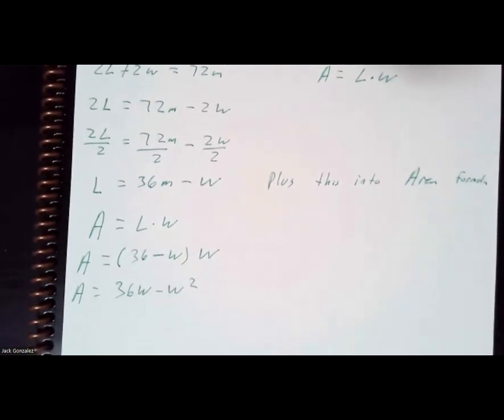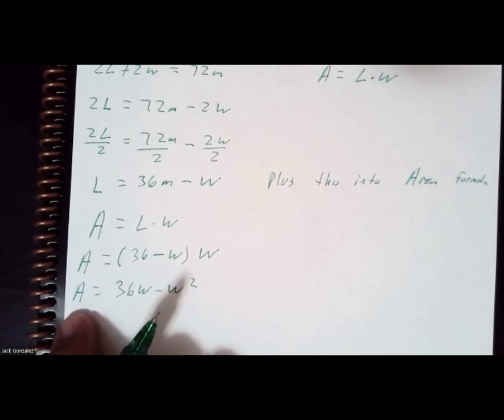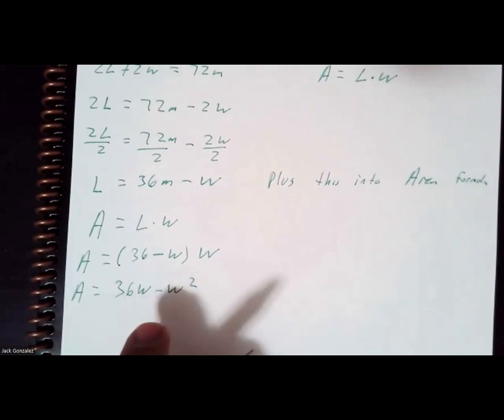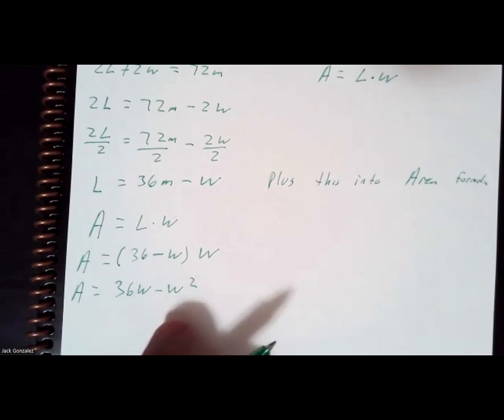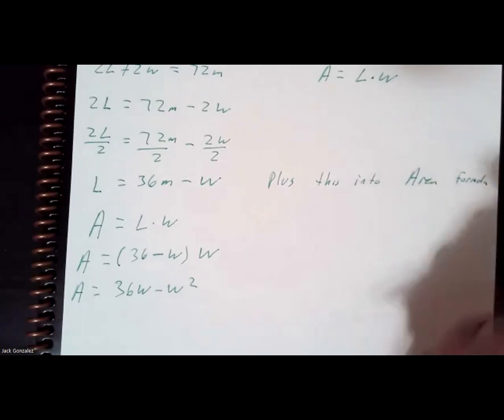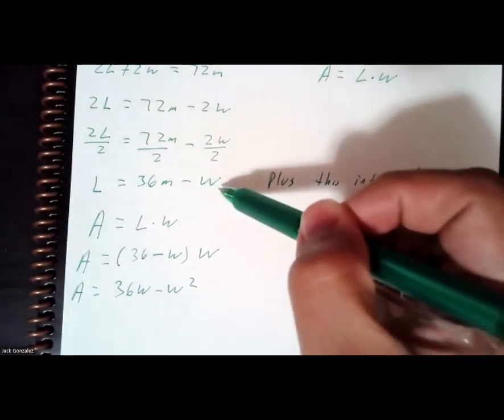There's my quadratic. This is the area function you want to maximize, and we made it depend on width. Once we find the width that gives the maximum area, we can plug it in to find your length.